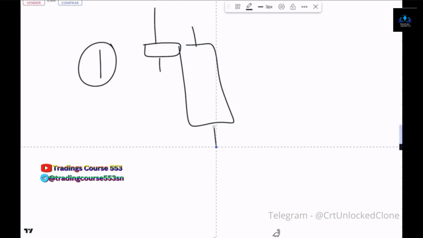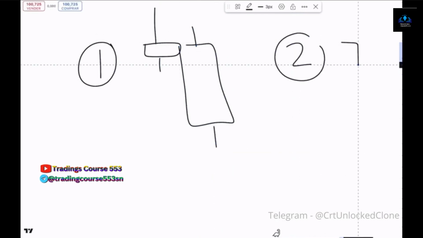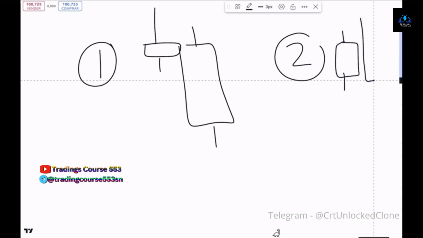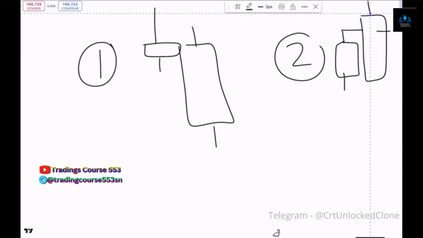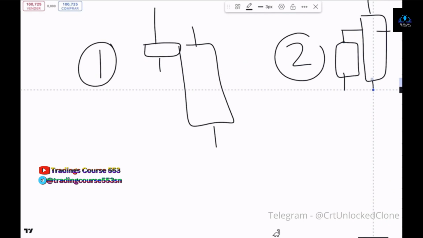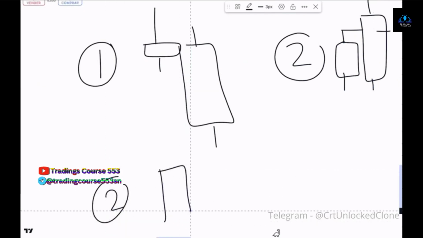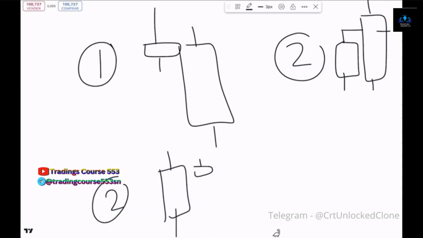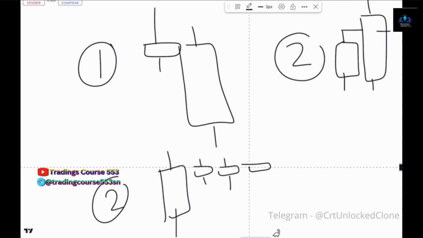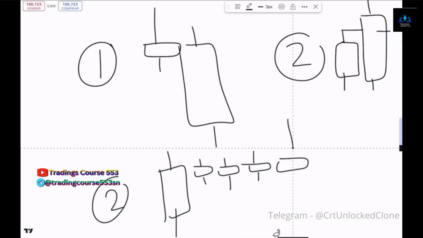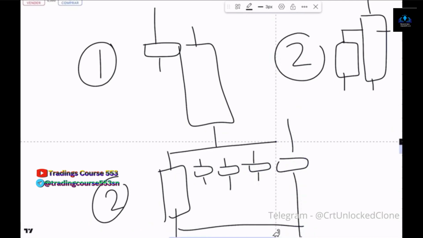Wick below, vice versa. Close above, higher prices. Close below, vice versa. Volatility inside a candle means there's a violent price move coming, right?